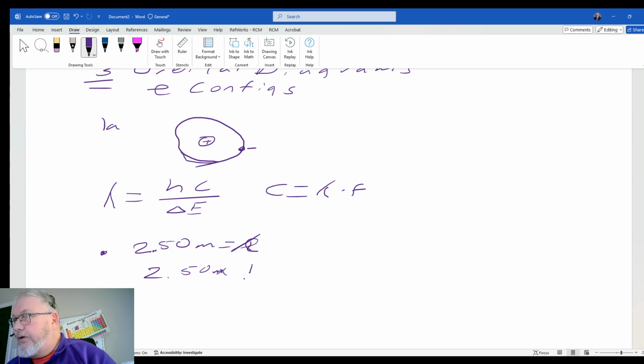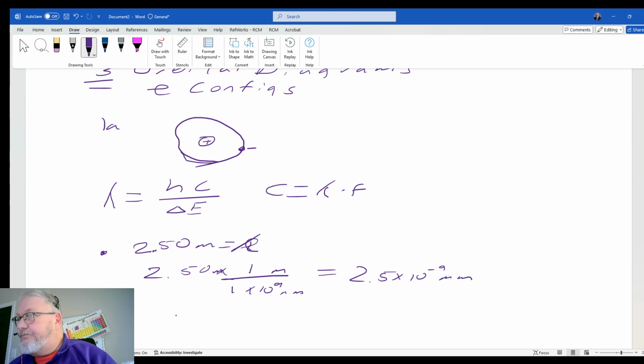So in 1 meter is 1 times 10 to the ninth nanometers.